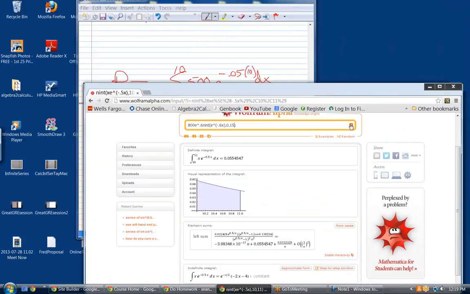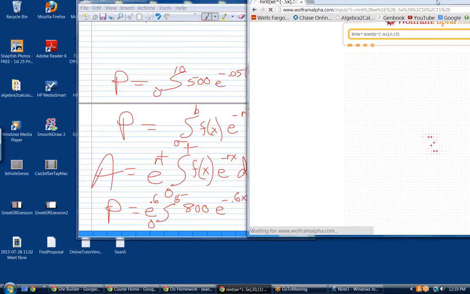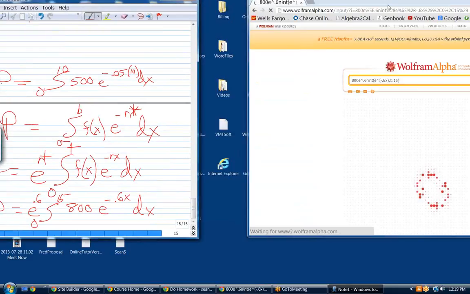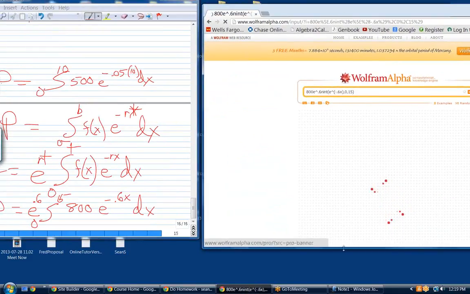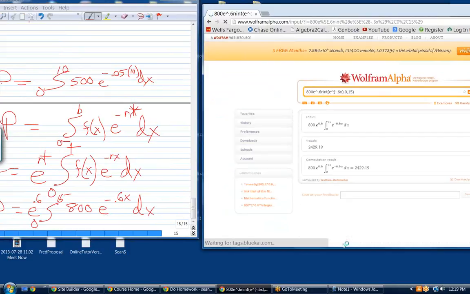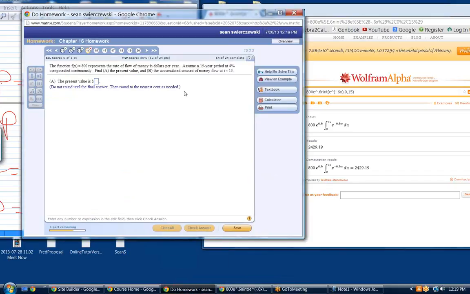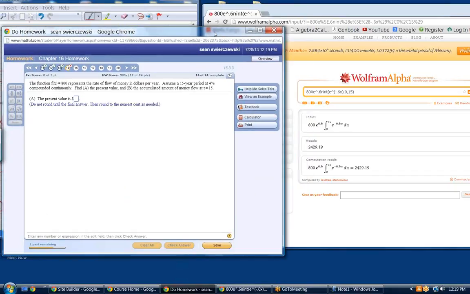Hold on, let me make sure we're looking at the same thing. 800 e to the 0.6 times e to the minus 0.6x. Look right? Yep. 2429, round to the nearest cent again. So I guess that's our answer. 2429.19.